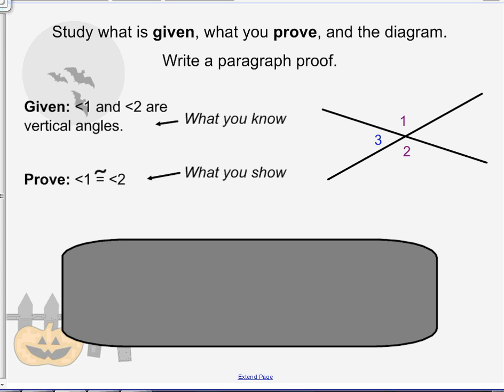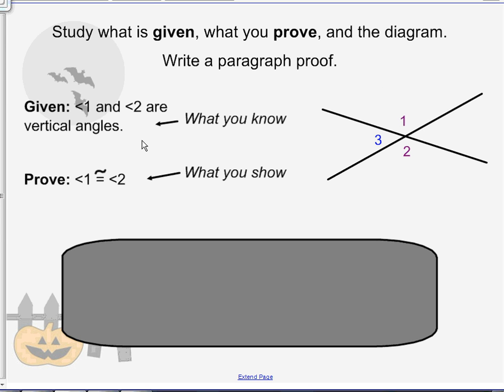So if you take your diagram and you start to think about it, we can actually write a paragraph using some of the theorems you learned yesterday. We learned a lot about the vertical angle theorems that you can use in order to solve this.